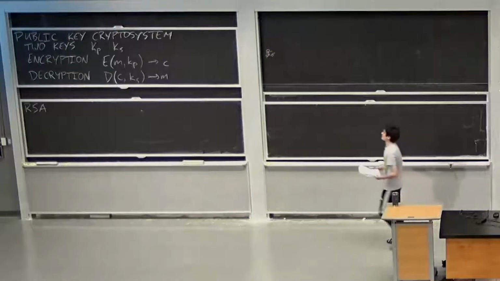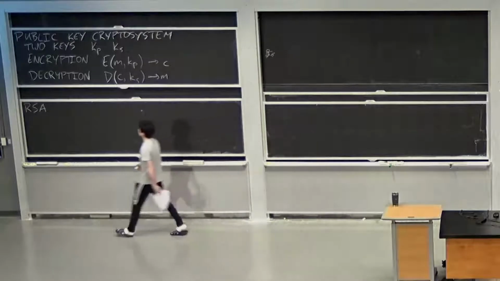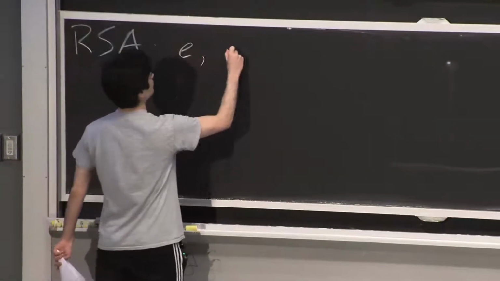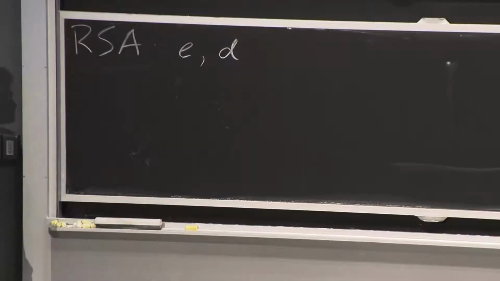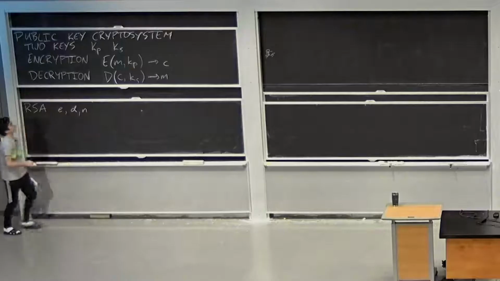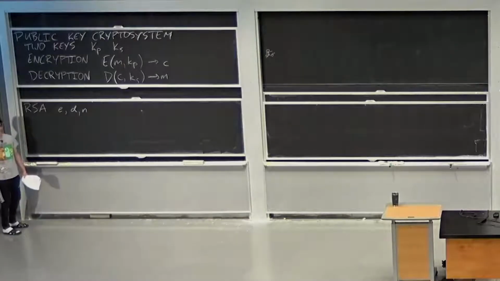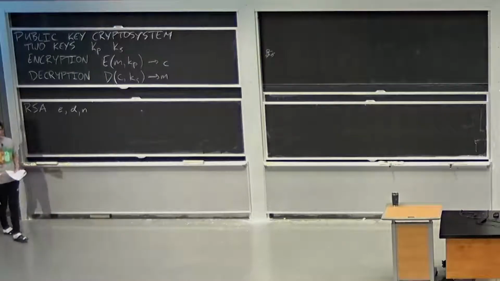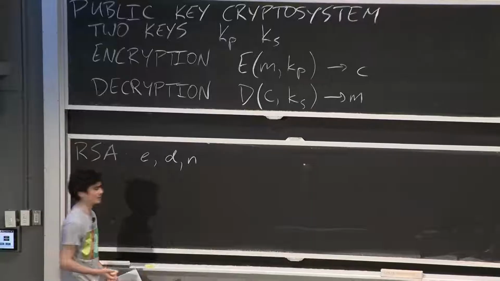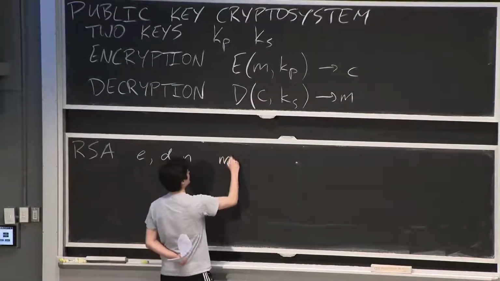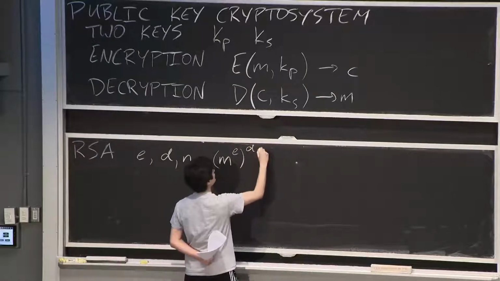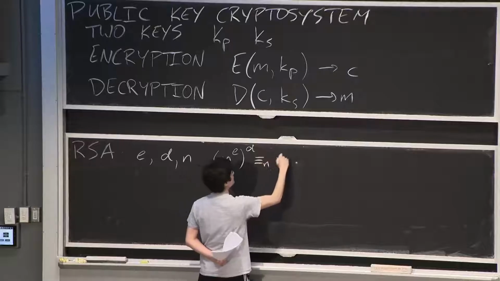So we're going to try and come up with some E, D, and N such that if we exponentiate, first raising to the power of E, then raising again to the power of D, we get back to where we started. For any m, m to the e, raised to the power of d, should be equivalent mod n to m.